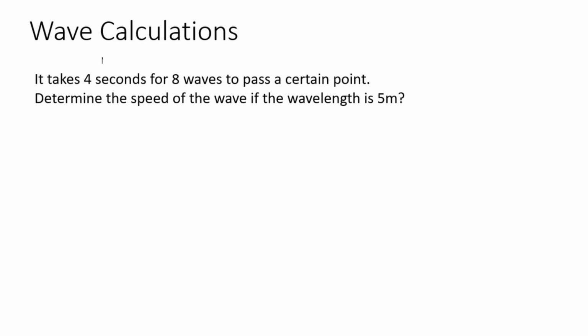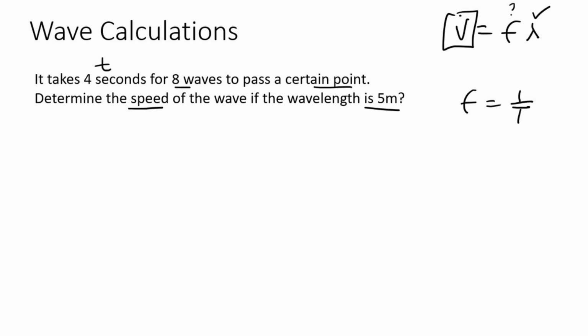It takes 4 seconds for 8 waves to pass a certain point. Determine the speed if the wavelength is 5. Okay, so we can use this formula again because we have the wavelength. They want us to calculate the velocity, this one over here, which is the same as speed, but we don't know frequency. But we know that frequency is 1 over T, but that's not going to help us.